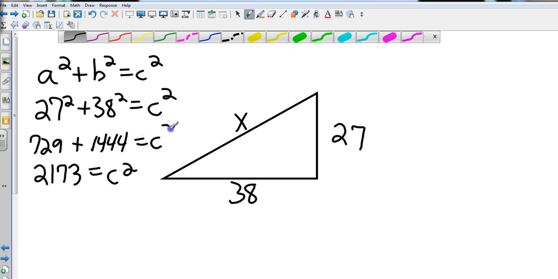I forgot my c squared there. I'll get that back in there. And I'm going to take the square root of both sides. That gives me approximately 46.6. In this case, I believe it was meters.